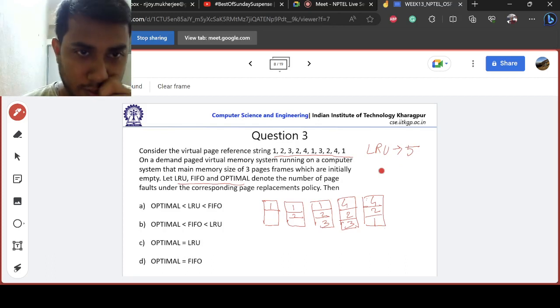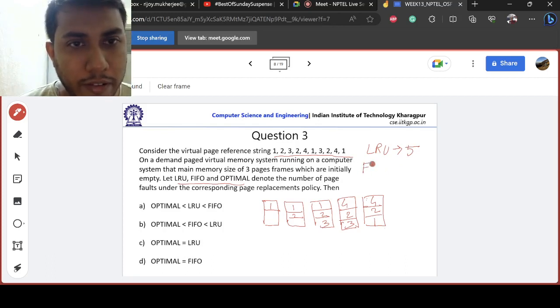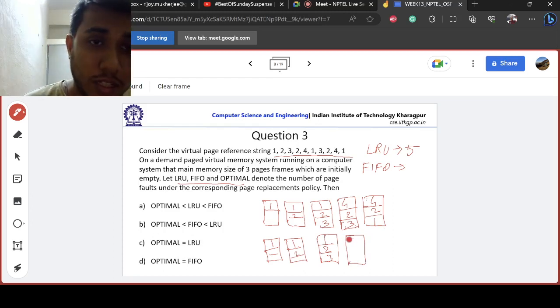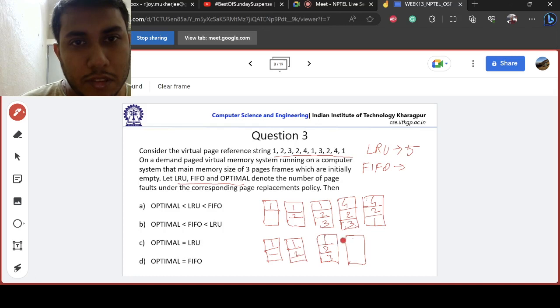Now let's use FIFO. It will be the same as before: 1, 2, 3. Then 2 is already present, no issue. Now 4 comes. We will replace 1 because that was first in, first out: 4, 2, 3.